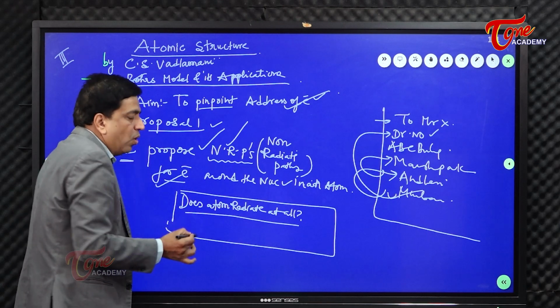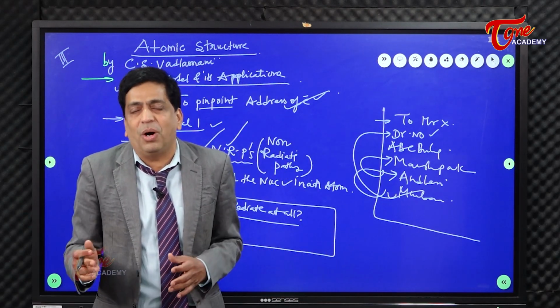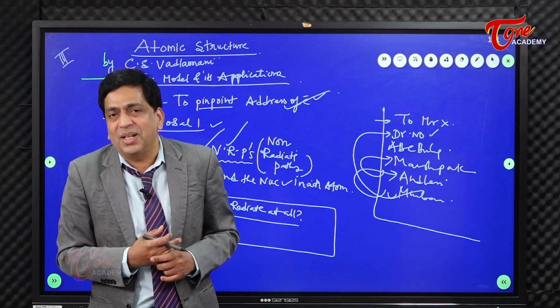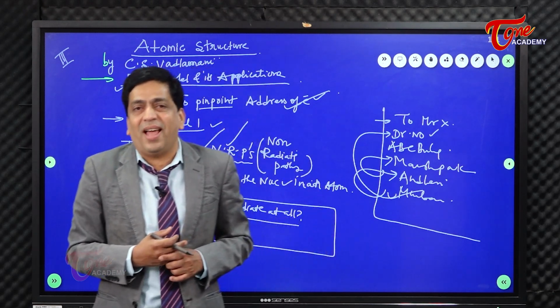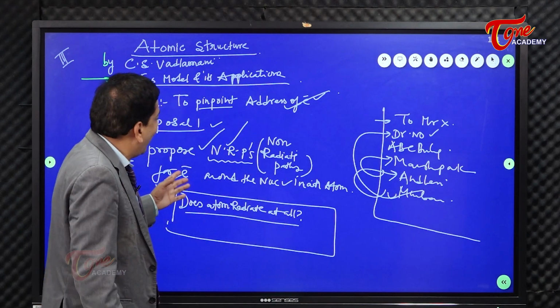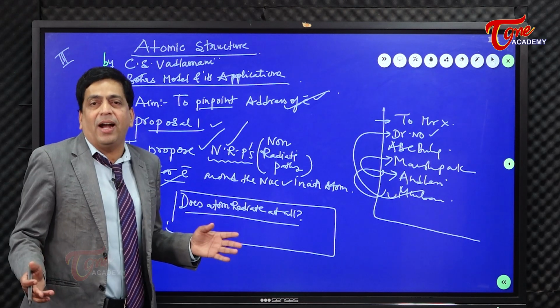And this was the chorus from the crowd. Naturally, it is bound to happen, because anyone who knows some fundamentals of science knows that light coming out of the atom and spectra are of course there, and you are going in reverse by telling that you propose non-radiating paths. Naturally this question arises, does the atom radiate at all?